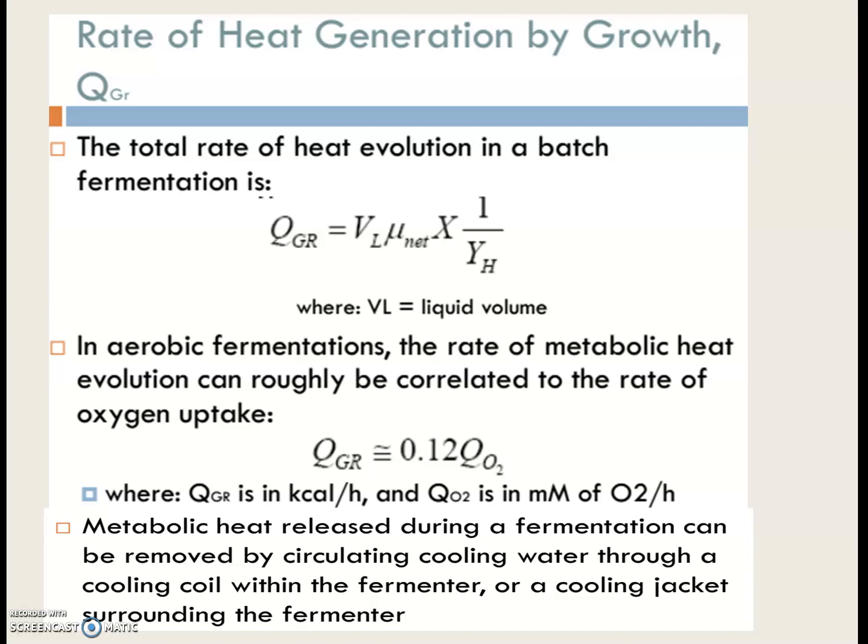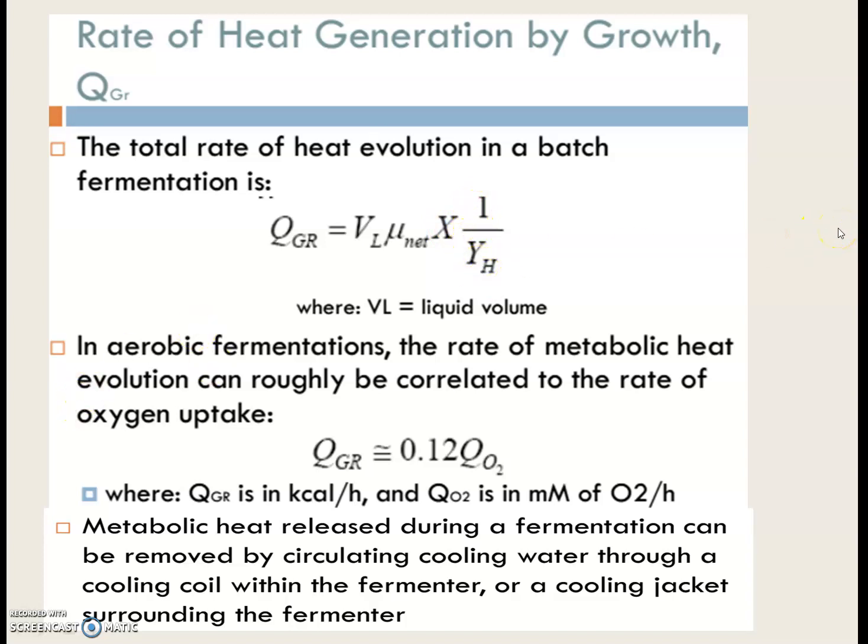The rate of heat generation by growth is given by QGR. In order to identify the total rate of heat evolution in a batch fermentation, we can use the equation QGR equals VL, where VL is the liquid volume, times mu net times X times 1 over YH.